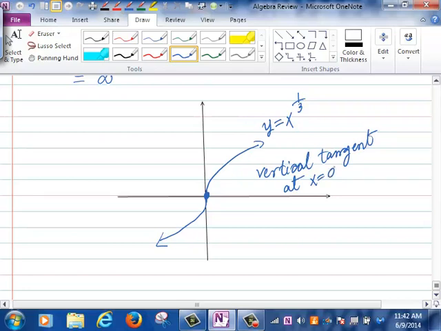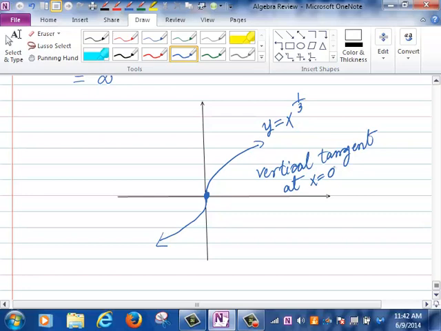Okay. So what's going on here is that, remember again, this derivative gives you the slope, right? So if you look at it as x goes to 0 from the right, the slopes here are going to infinity. Same thing happens here: as x goes to 0 from the left, the slopes are going to infinity.